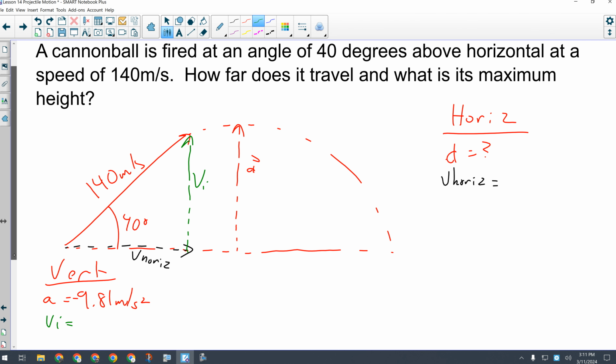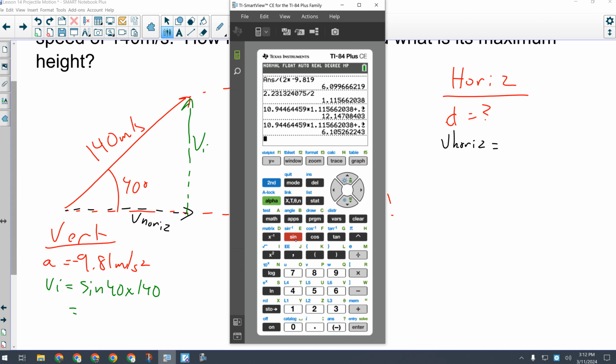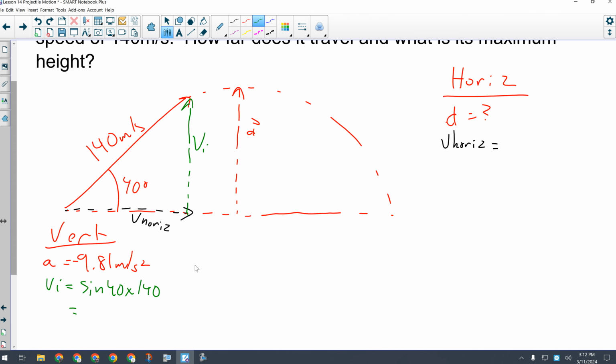Sine. It's the opposite side. So sine of 40 degrees times the hypotenuse, 140 meters per second. Sine of 40 times 140 gives 89.99 meters per second, and that would be up.